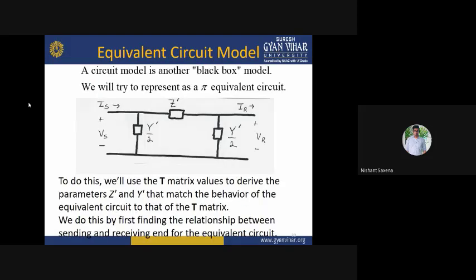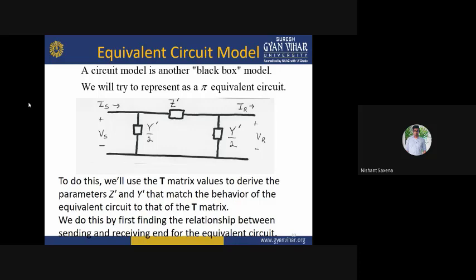Now look at this equivalent circuit model, which is another black box model. We will represent it as a pi equivalent circuit rather than a T equivalent network. Consider this pi model. In this, Vs, Is and Vr, Ir are given, and the shunt admittances Y'/2 and Y'/2 are at the two ports.